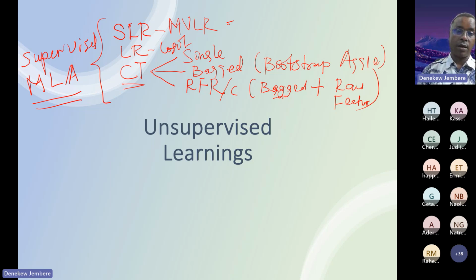So random forest regression can be used as a classifier and also as a continuous data predictor. So these all are supervised machine learning models. Any questions around here? Otherwise, I'll be moving on.